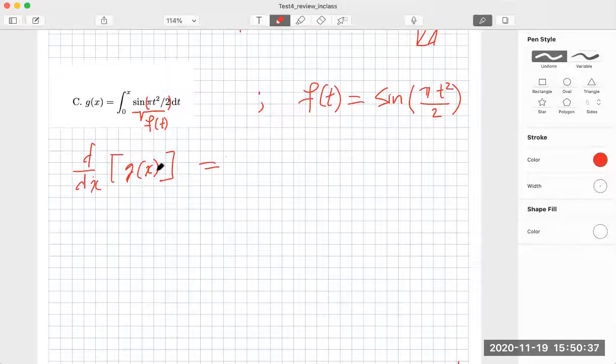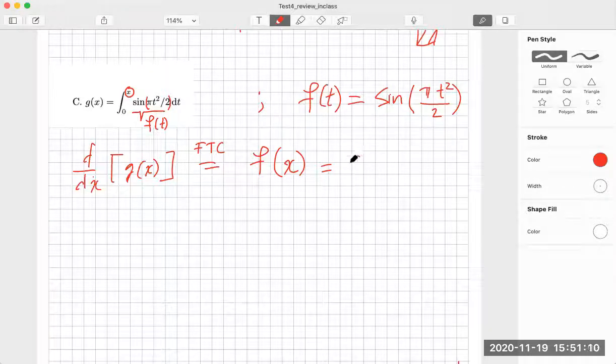And the fundamental theorem of calculus tells us that the derivative of this integral gives us f of the upper limit here, right? Which is f of x. Now it means we need to replace and explicitly write the function down.